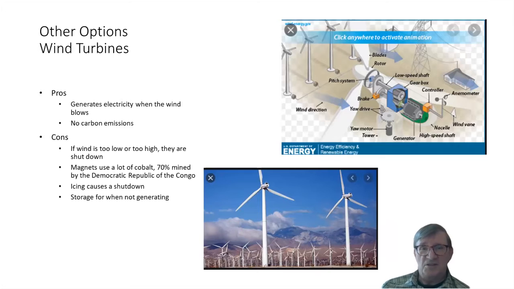A wind turbine is another option that's quite popular. It generates electricity when the wind blows, and it has no carbon emissions. Some of the cons are if the wind's too low or too high, they're shut down.